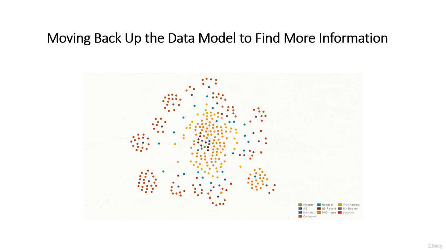So, at this point we have reached the bottom of the data model. The next step is to start moving back up the data model, where we find more related information at each level. First, we query to return all the net blocks found, and with these new net blocks we will find more DNS names by querying historical or reverse DNS records.